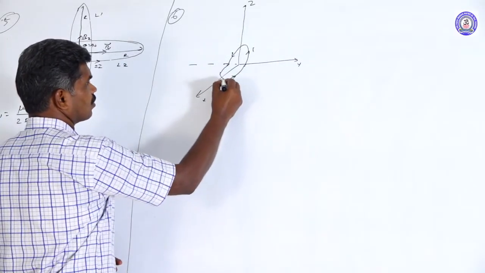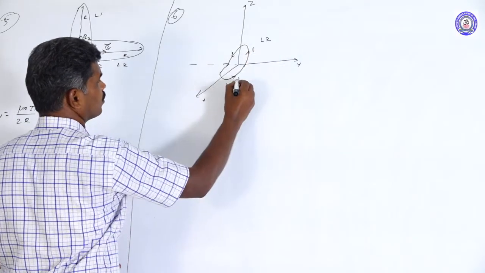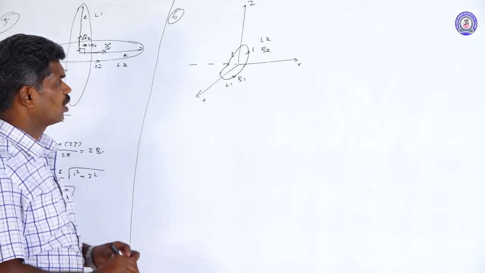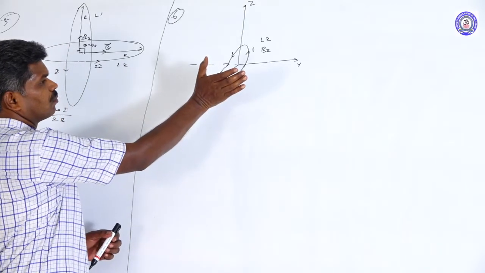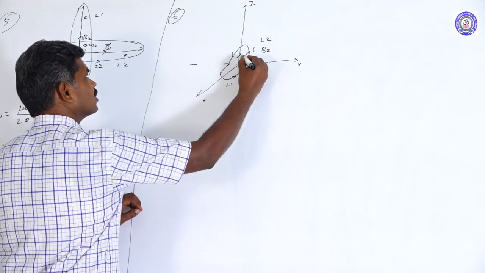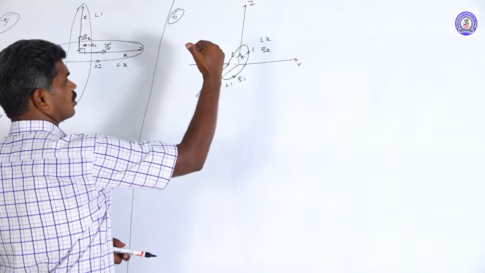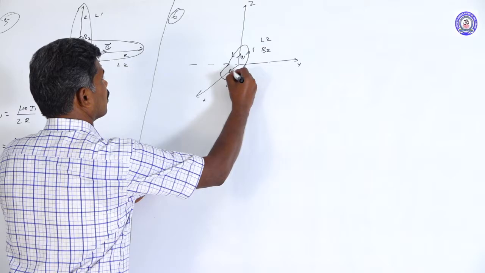The first part is loop 1 and this is loop 2, producing magnetic fields B1 and B2. For the semicircular loop, the first part of the loop produces magnetic field B1, direction is this. Similarly, for the second loop, the magnetic field is B2.